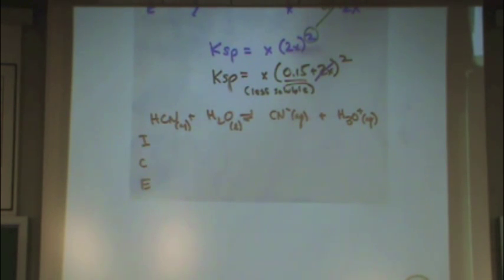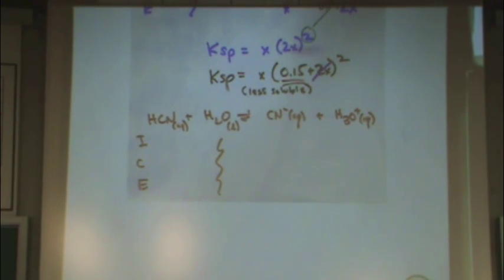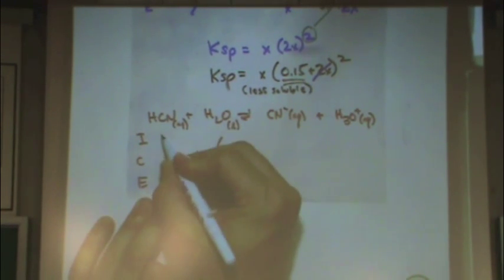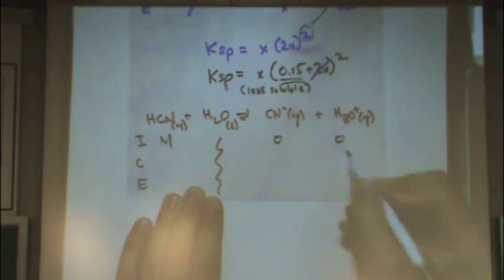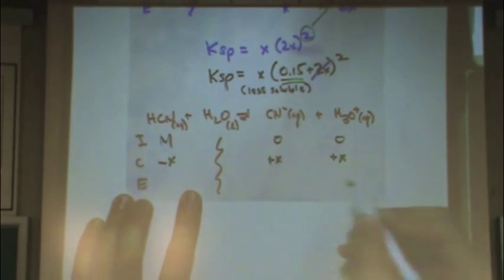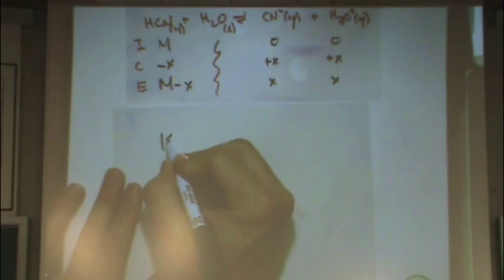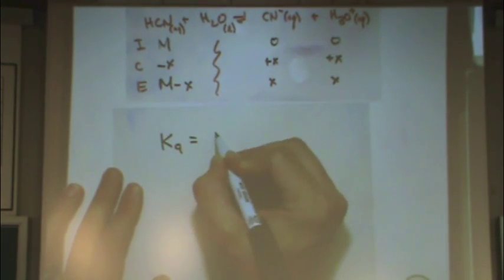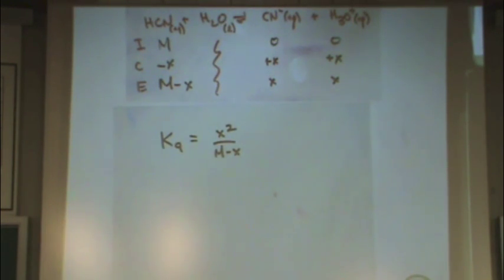What's the pH? So what you would do, you ignore liquids or solids, and then we typically give you a molarity here. I'll just put capital M for molarity. We give you that number. This would be 0, and you go minus X, plus X, plus X. So then you go molarity, whatever we gave you, minus X, X and X. And then you would say Ka, because it's an acid, is X squared over M minus X. And in these sorts of questions for a weak acid, is K large or small?